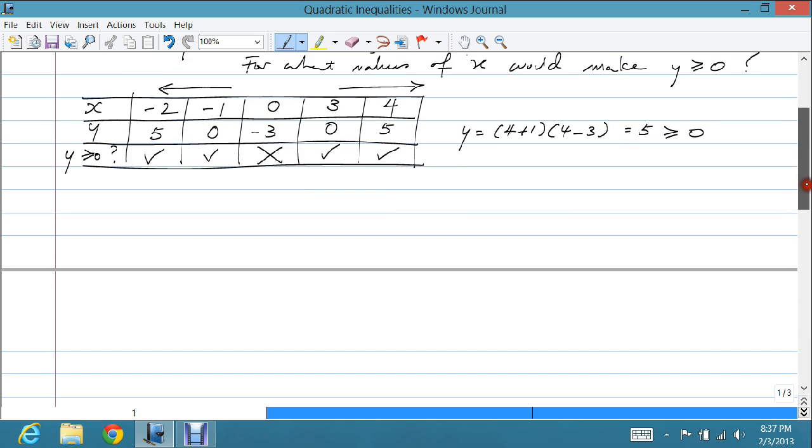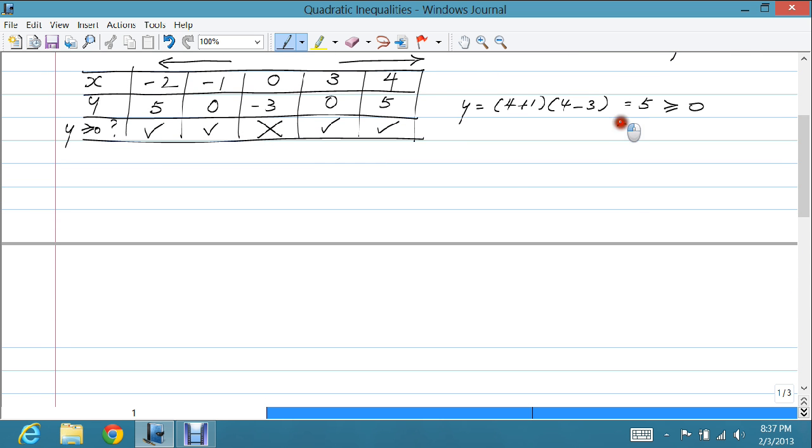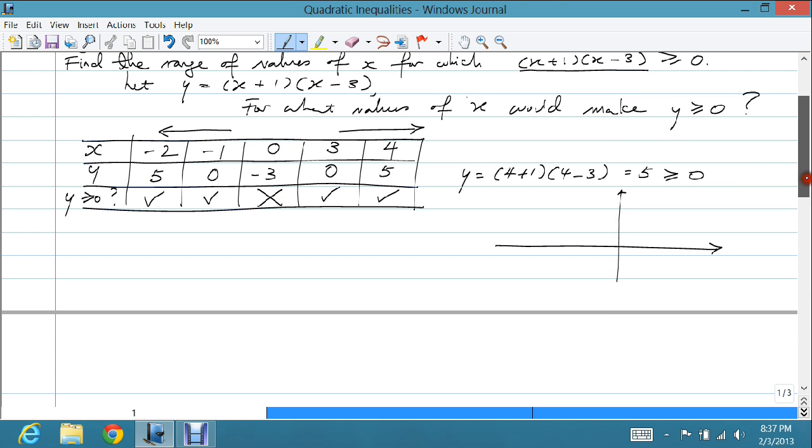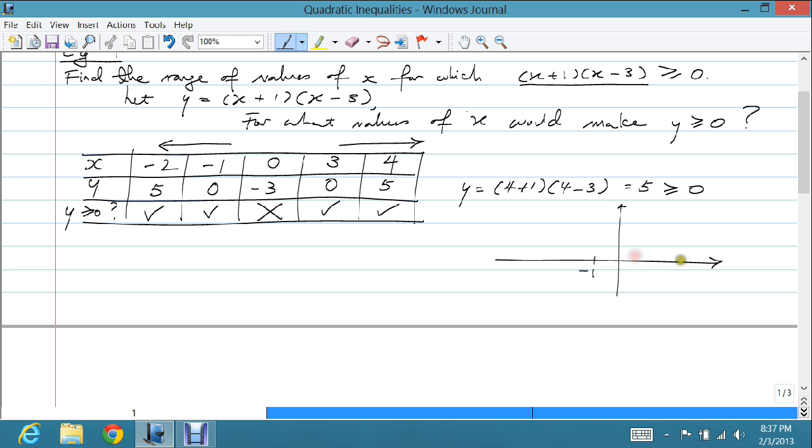This shouldn't surprise us, since from the graph of y we have these two roots. The graph looks something like this, cutting these two points, negative 1 and 3. Whenever the graph is above the x-axis, the values of y are positive. So when x is less than negative 1, the values of y are positive.